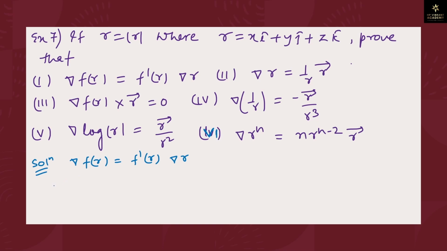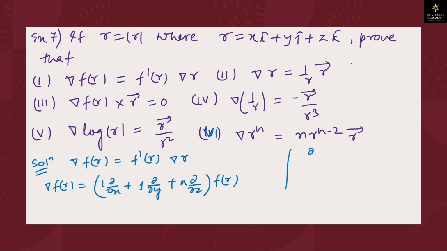So let us apply the del operator on f of r. Del of f(r) is equal to i del upon del x plus j del upon del y plus k del upon del z of f(r). First we will find the partial derivative of f of r with respect to x. This can be written as del upon del r of f(r) into del r upon del x, so it is f dash r into del r upon del x.